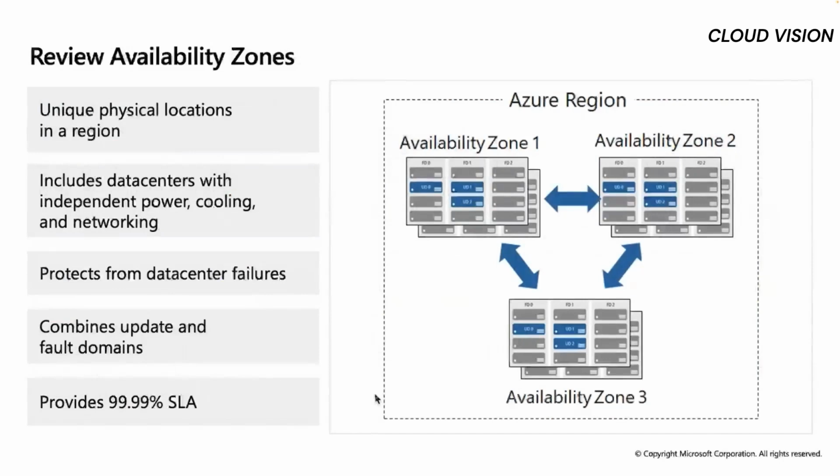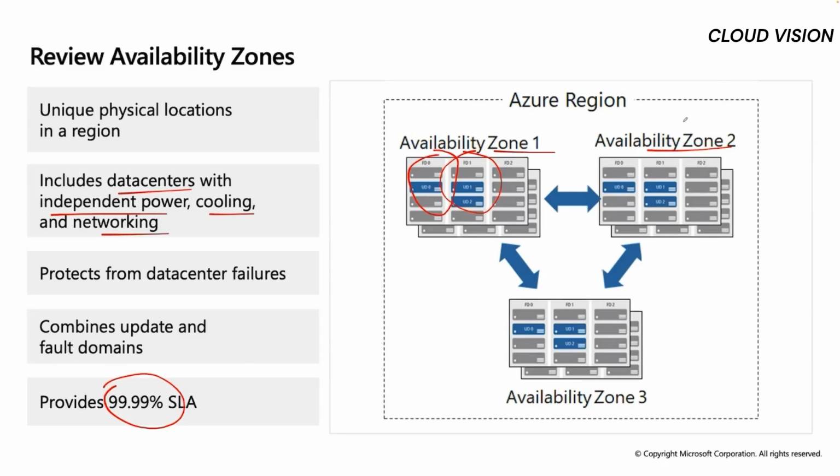To increase to an even higher SLA, from 99.95 to 99.99, so achieve four nines, you set this exact fault domain and update domain scenario into multiple zones. So if a zone is failing, then the other zone will kick off and serve the purposes. Why this is beneficial is that each zone includes a data center with independent power, cooling, and networking.